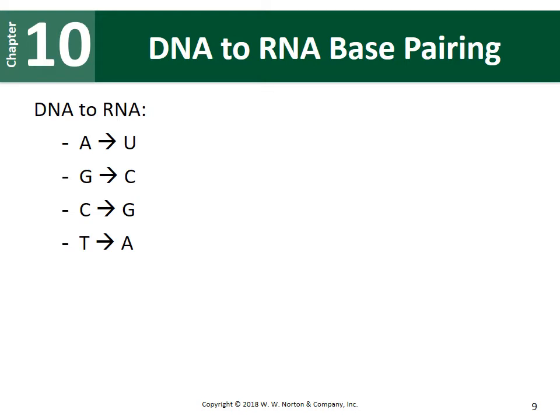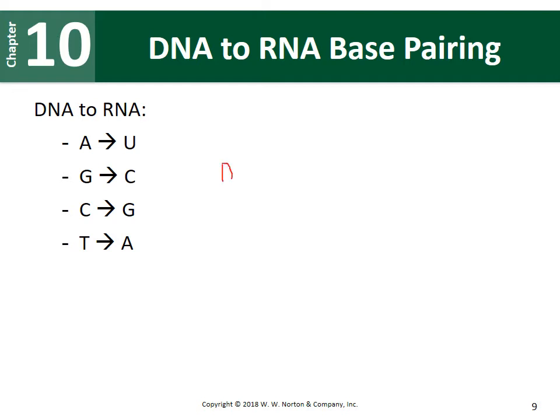So these are those complementary base pairing rules. And the big difference that we see is the first one. If your DNA molecule has an A, RNA will put a uracil. G goes to C, C goes to G, and T's go to A's. So I'll show you an example of this.